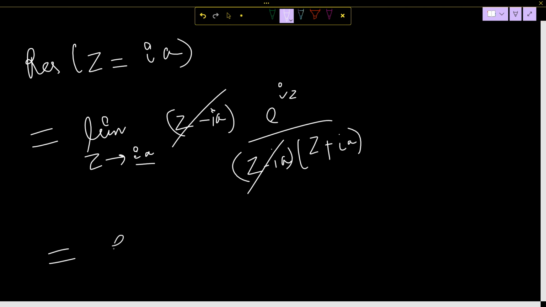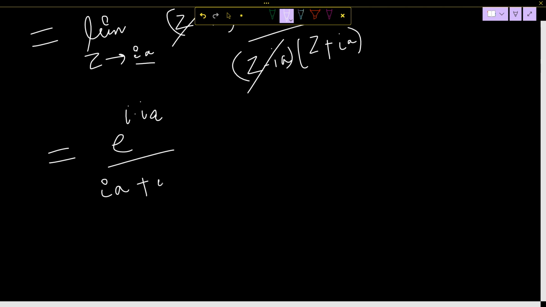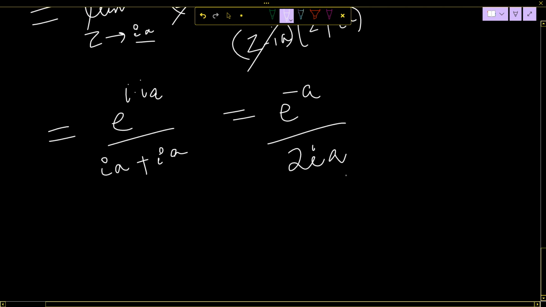So this becomes e to the power i into ia, whole divided by ia plus ia. So this becomes e to the power minus a whole divided by 2ia. So this is your residue, isn't it?